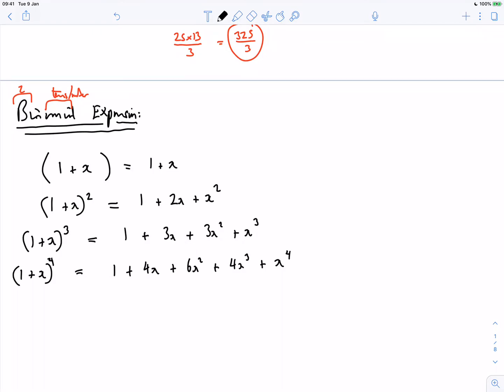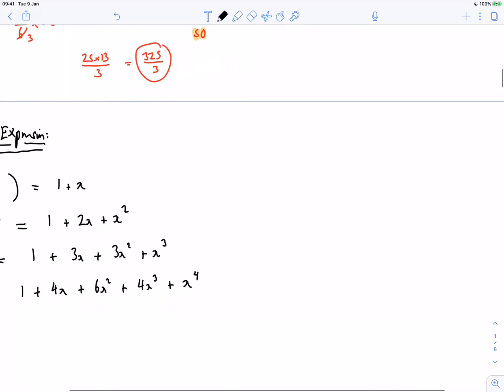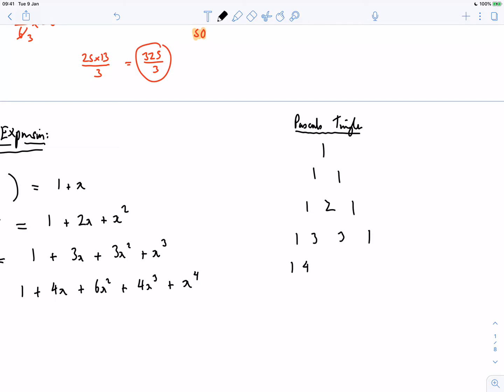Now, you're probably thinking, okay, how can you rattle those through quite quickly? Well, there's various reasons. One, people that are familiar with this stuff will remember something called Pascal's triangle. If I just write it side by side, so 1, 1, 1, 1, 2, 1, 1, 3, 3, 1, 1, 4, 6, 4, 1, and so on.